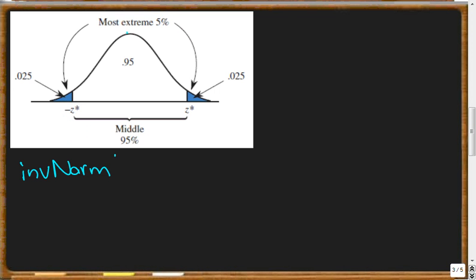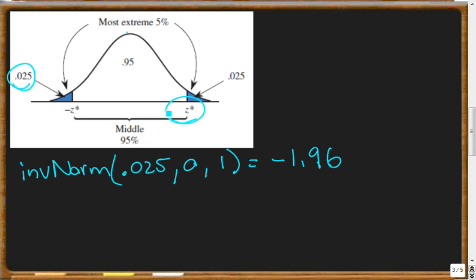So we would do the inverse norm, where the area underneath is 0.025, with 0 and 1 for our mean and standard deviation. We end up with negative 1.96 as a z-score. Now, we can expect the second number to be a positive 1.96.